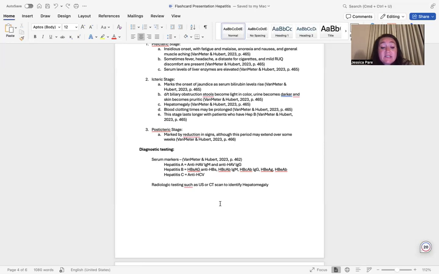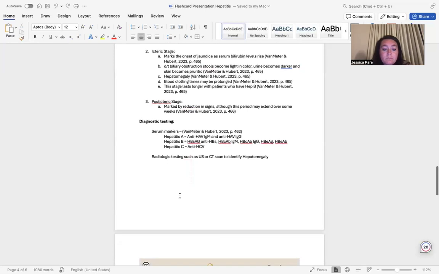And then the hepatitis C diagnostic serum marker would be anti-HCV. Further diagnostic tests would be radiological testing such as ultrasound or CAT scan just to identify that hepatomegaly is present, as well as CBC and CMP just to identify bilirubin markers and LFT levels.